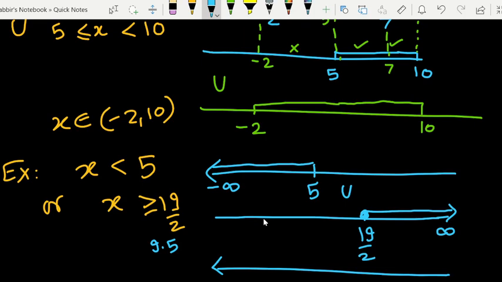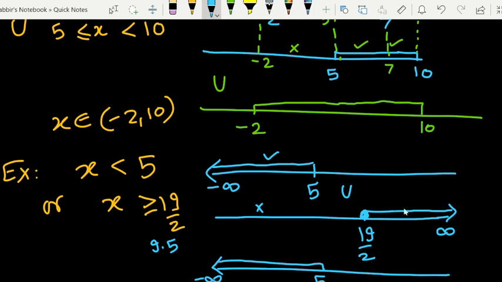As you can see here, minus infinity to 5 is here, but there is no x here, since we are taking solutions which satisfy both or any one. That is the union. So we will take minus infinity to 5 in our solution set of the union.